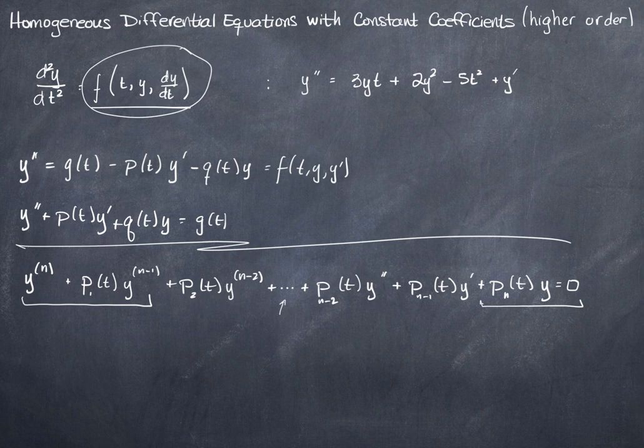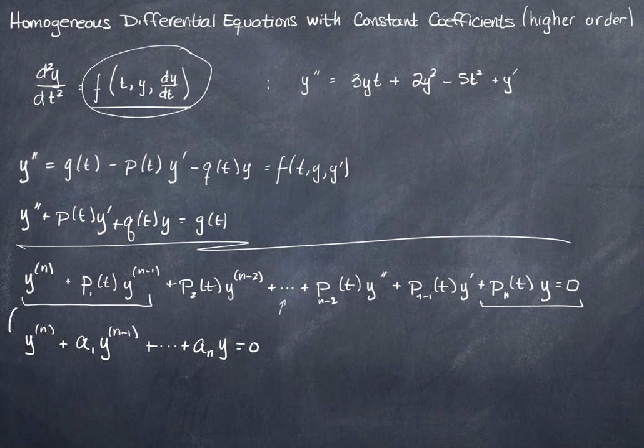The next observation that I'll make is that these p sub i's are functions of t, and any of these functions of t can be written as any other constant. So, for example, I could also write this as the nth derivative of y plus, let's just call it a sub 1, the n minus first derivative of y plus, and I'll go down to my a sub n times the 0th derivative of y.